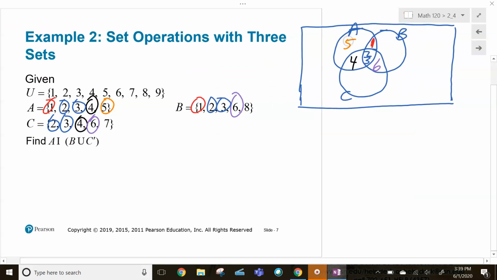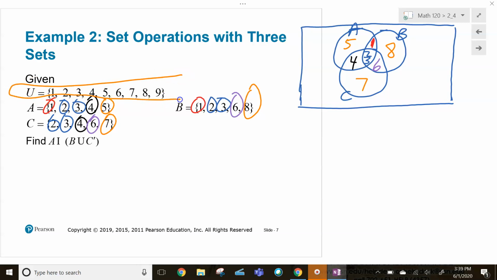So here's 5. 5's in A, but it's not in any of the other ones. 8 is in B, but it's not in any of the other ones. 7's in C, it's not in any of the other ones. And then I've got to check, is it 1 through 9, are they all listed here? Let's see, I've got 1, 2, 3, 4, 5, 6, 7, 8. 9 is the one that's missing, that's in the universal set, but it's not in A, B, or C.